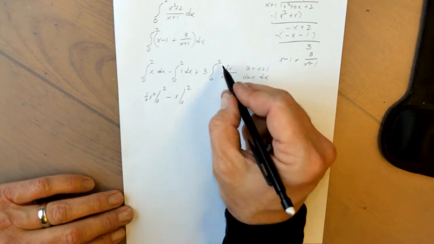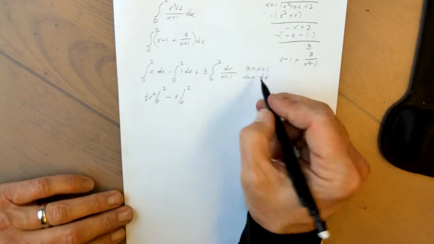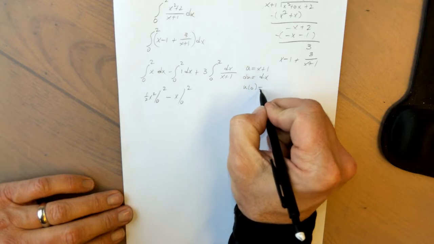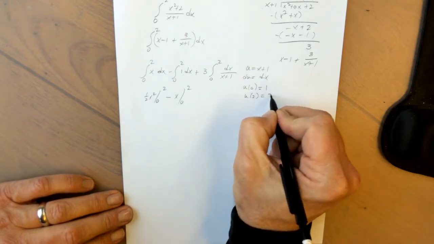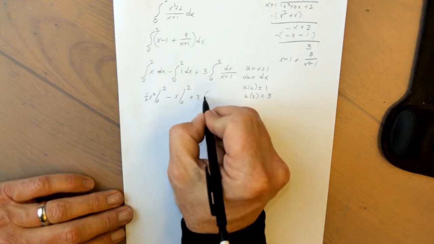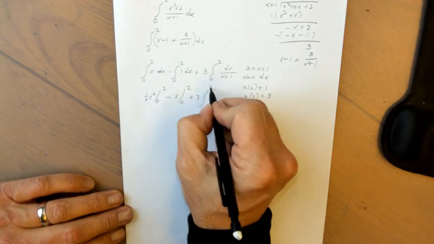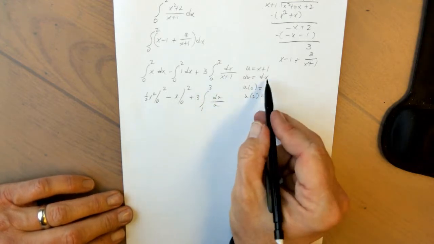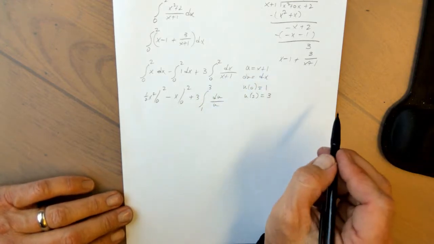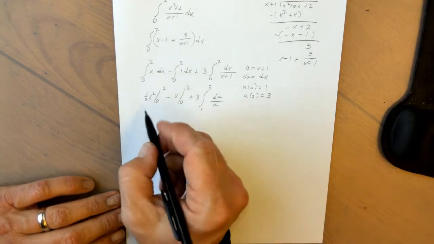And I'm going to complete the change of variable by finding u of 0, plugging in 0 for x, we get 1. U of 2 is 3. So plus 3 times the integral now from 1 to 3 of du over u. So I no longer have to substitute back in the x plus 1 after finding the antiderivative.